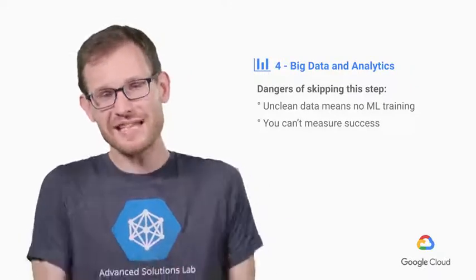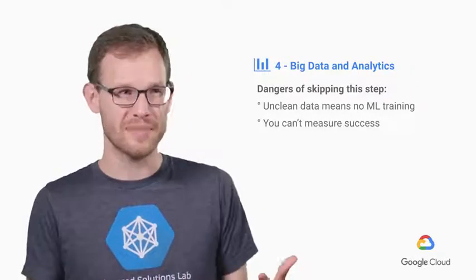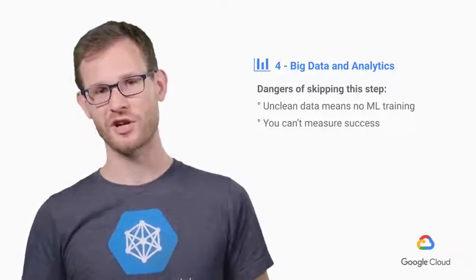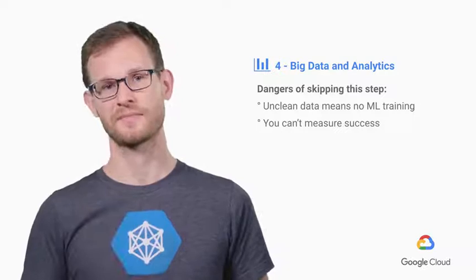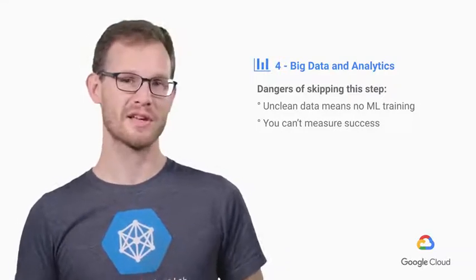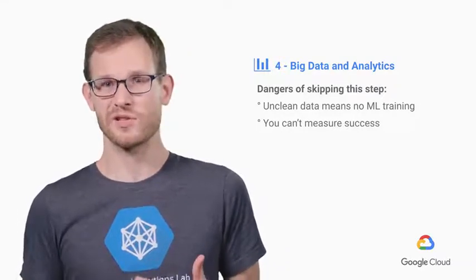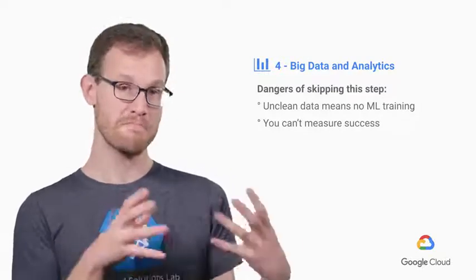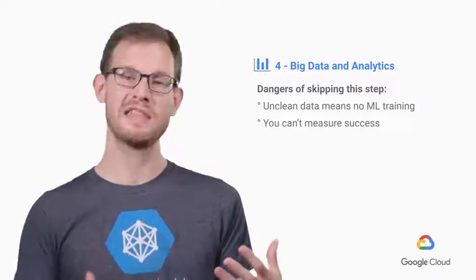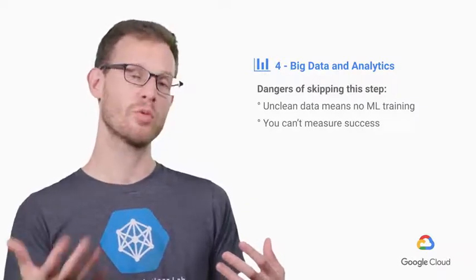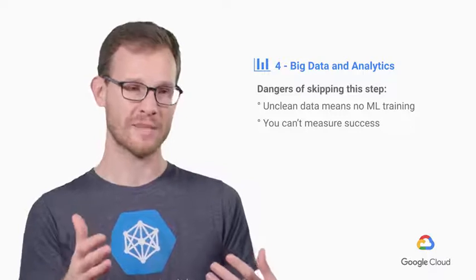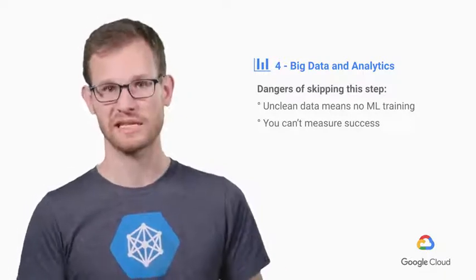And more or less, that's what your algorithm is doing, is it's making many, many plots and performing regression on them. So if you can't make that chart, neither can your algorithm. Also, if you skip this step, then you won't be able to measure success. So it's hard to tell if your ML algorithm is actually improving things. So we're going to start by manually doing all these things, and then when we're ready, ML will automatically be acting on this cleaned and organized data.